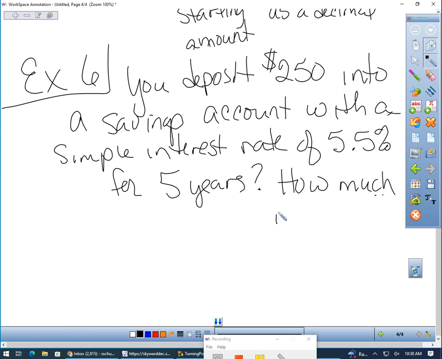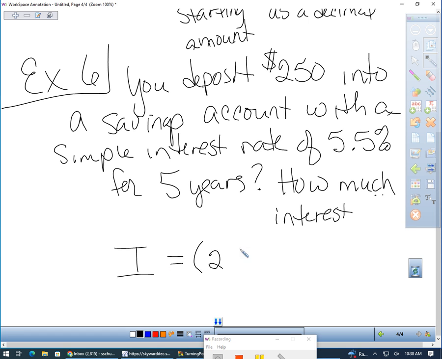So we're going to plug it into that formula. Since I don't know what the interest is, I have I equals. P is your starting amount. What did we deposit to begin with? All right, so we have $250. R is your rate as a decimal. How do we change a percent to a decimal? Yes, move it over how many? 2.